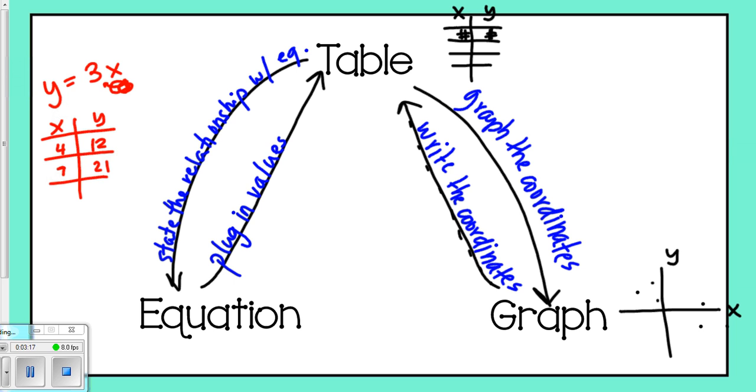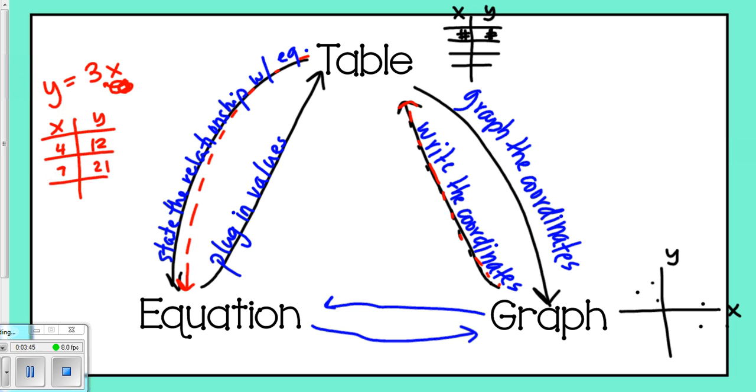Okay? So now connecting a graph and an equation and vice versa. This is something that we really will learn more about this year and get a little bit more detail on. I would say for right now, to go between these two, I would just take the long way for now. So for example, if you have a graph and you want an equation, well, you're going to write the coordinates, then you're going to analyze that table and then try to write the relationship and get to the equation.